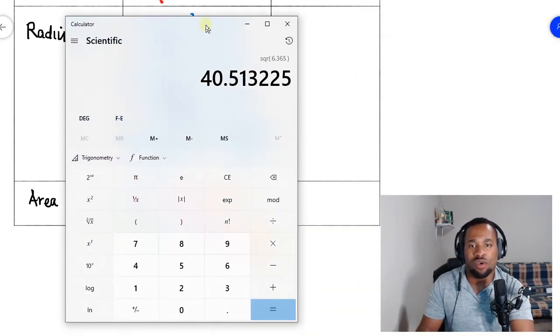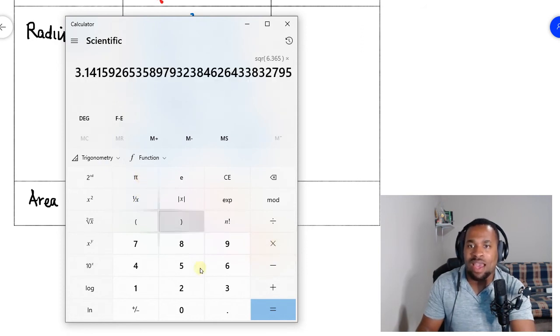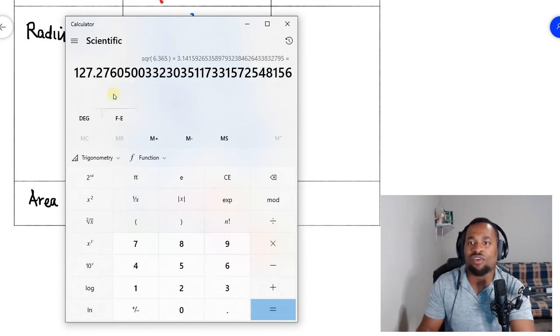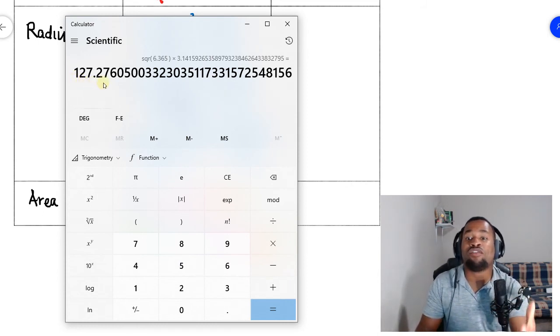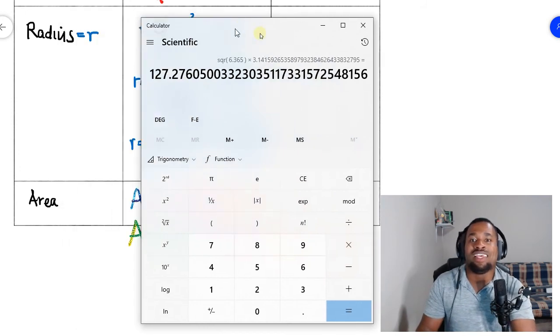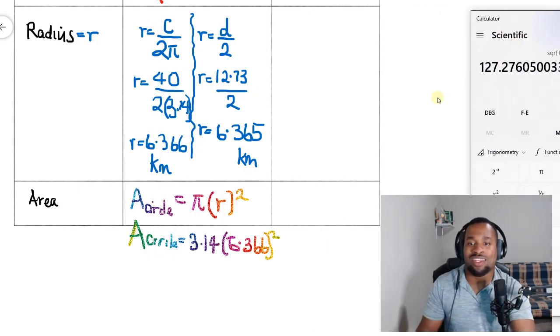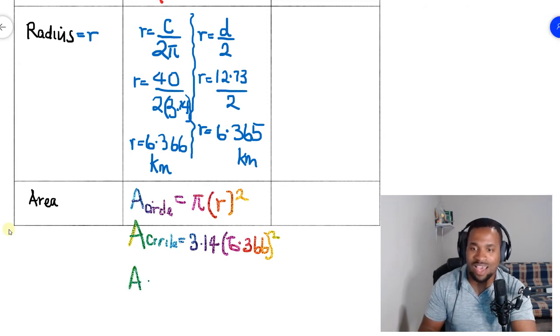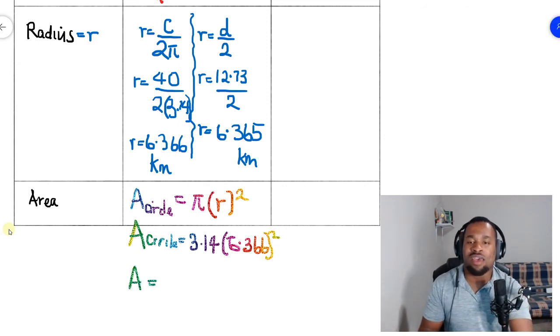So you go to multiplication times pi, and you hit equals, and we get our area to be 127.27 kilometers squared.